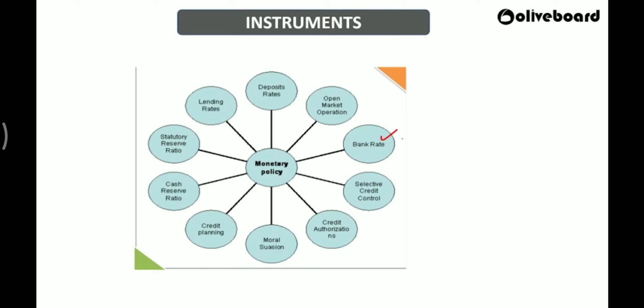Bank rate means the rate at which the commercial banks rediscount their bills with whom? RBI. All right, so that rate is called what? Bank rate. When the commercial banks need money, they'll go to RBI. If they have bills, they'll say, please rediscount these bills and give us the money in advance. If the RBI is charging more for that, then definitely the cost of money available in the hands of the commercial banks will be higher. So they will again charge a higher rate of interest, and the same thing follows.